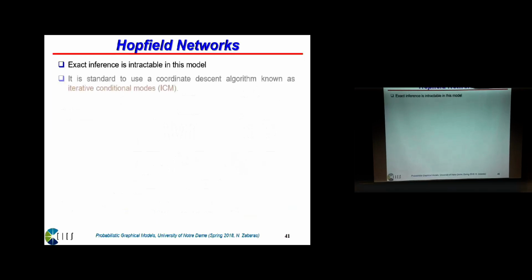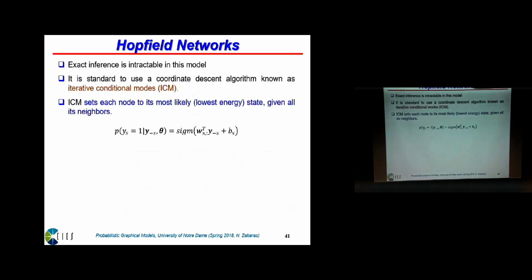The iterations are using a method called iterative conditional modes, which is based on figuring out the most likely state of a node given all the other nodes. This is the model in terms of a sigmoid function, and I can tell you this has an exact solution.